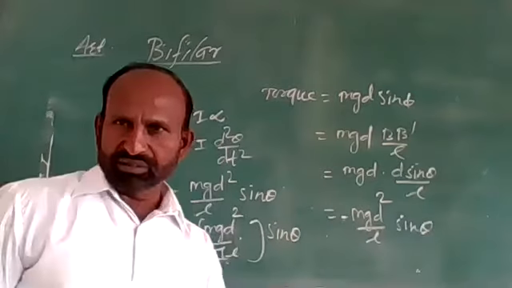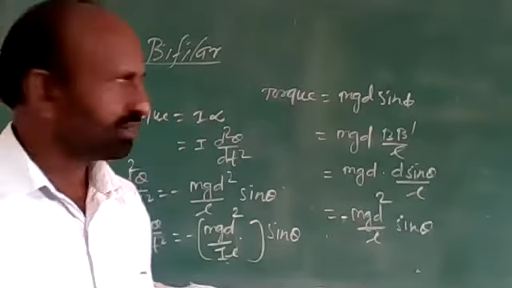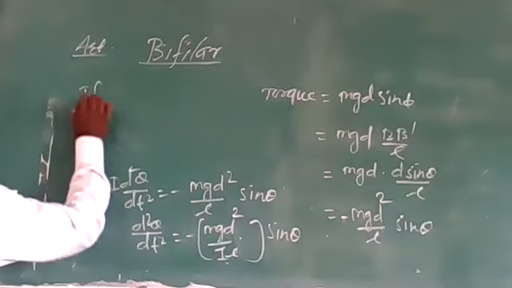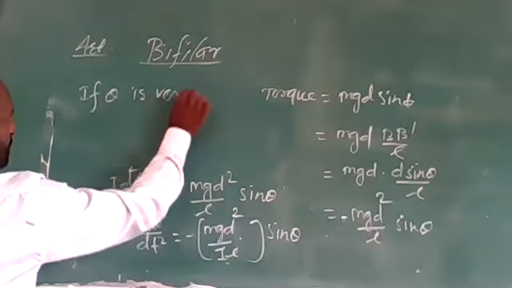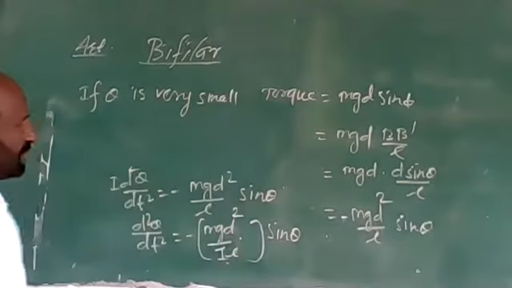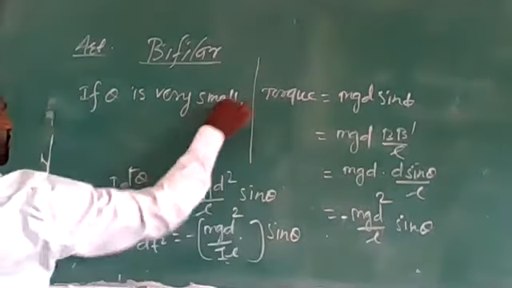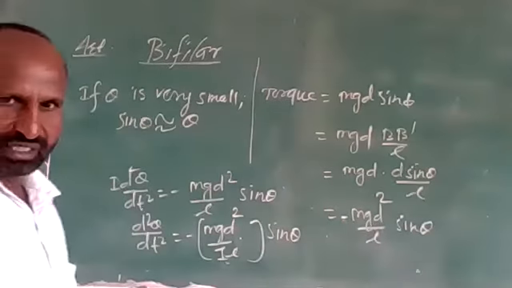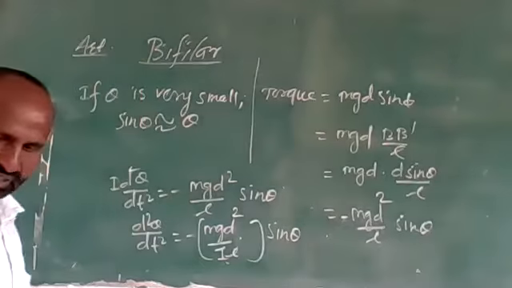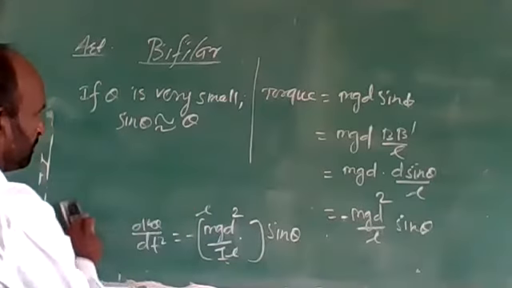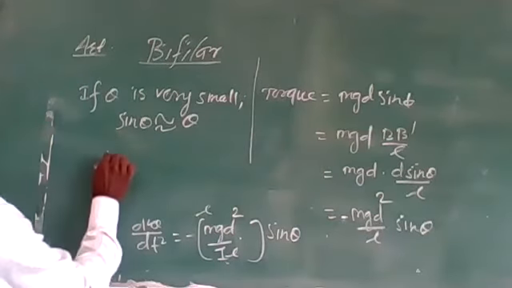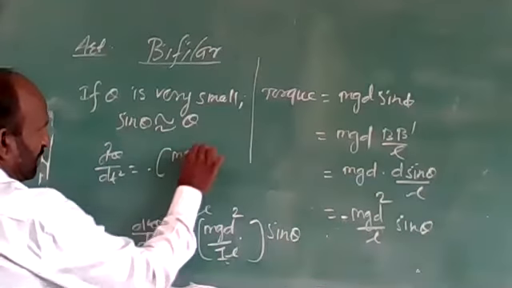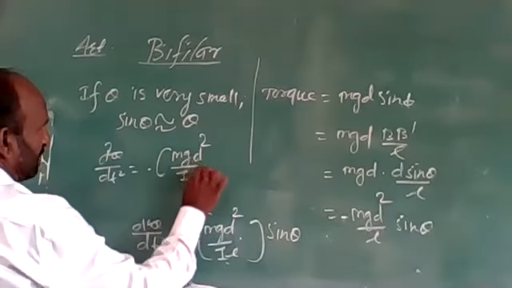If theta is very small, then sin theta can be taken as theta. Therefore, our equation becomes d square theta by dt square is equal to minus mg d square upon I L into theta.